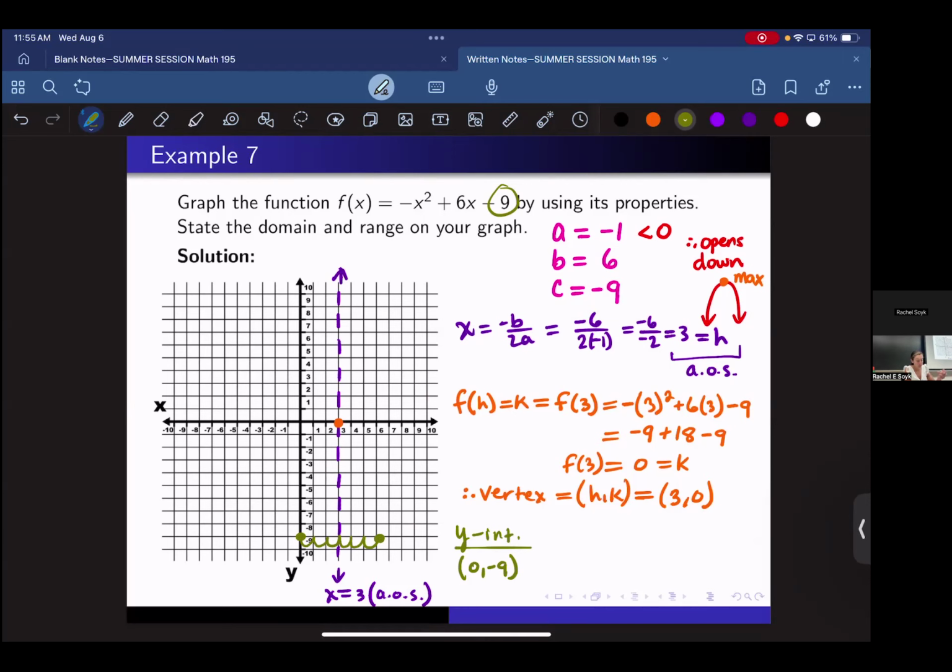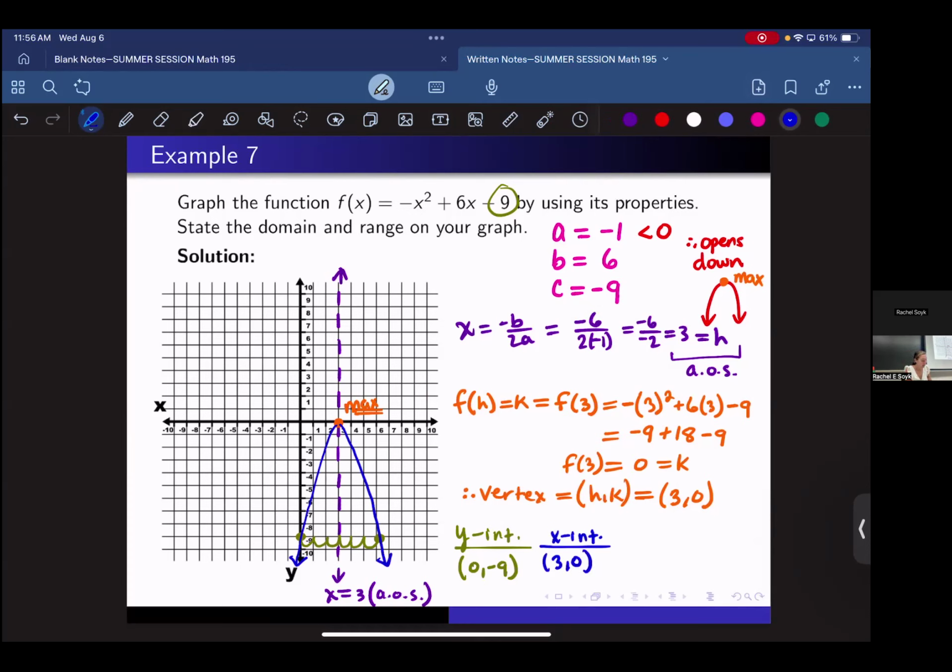And we have enough information now because that vertex is our max, and it happens to be on our x-axis, then we just have one real root with a multiplicity of 2. It's bouncing off that x-axis. And so that real root is 3, aka our x-intercept. If you wanted to write your x-intercept out here, you could. 3, 0.